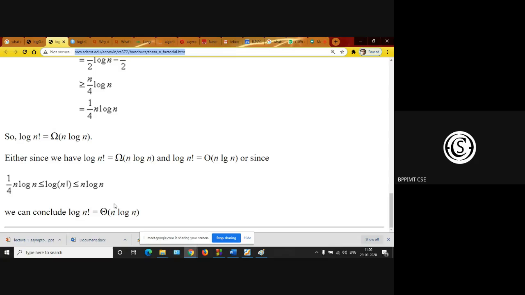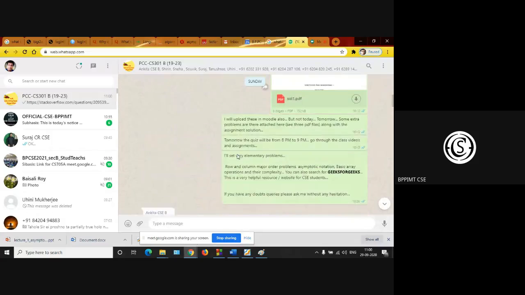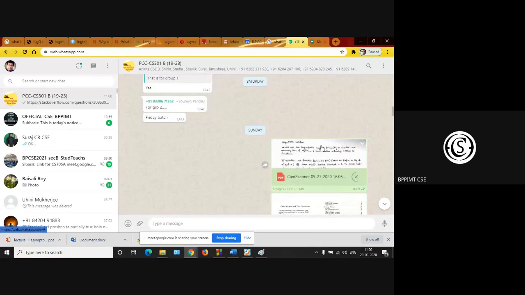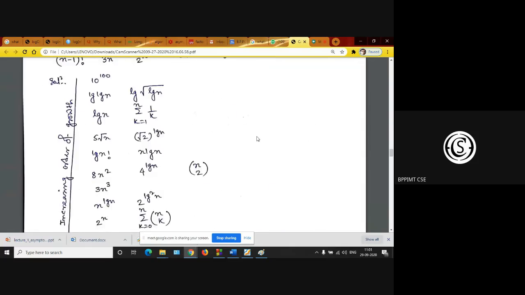4 to the power lg n is similar to n square.